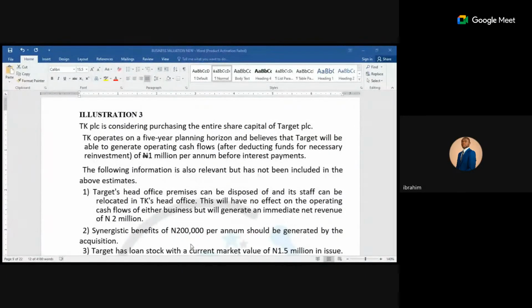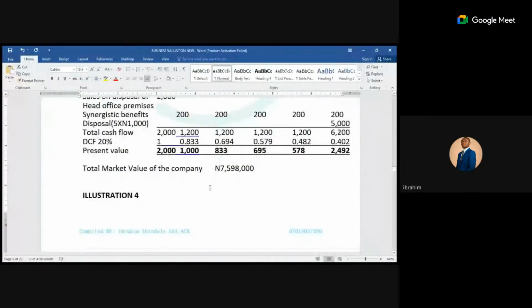When you want to acquire the entire share capital, the total market value we have from our calculation includes both equity and debt.